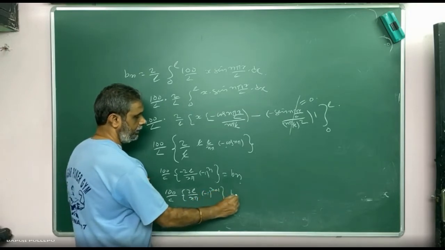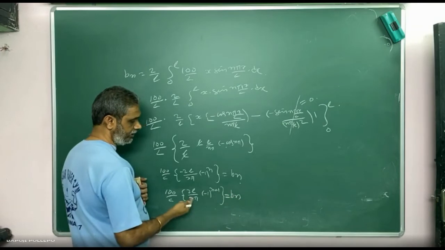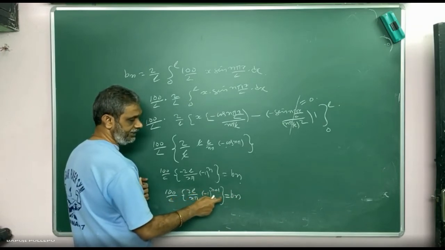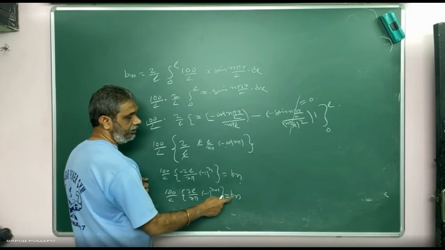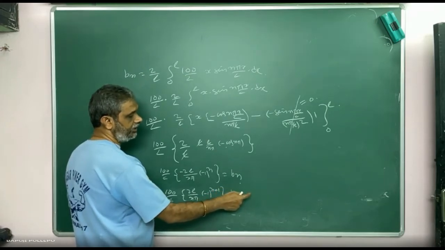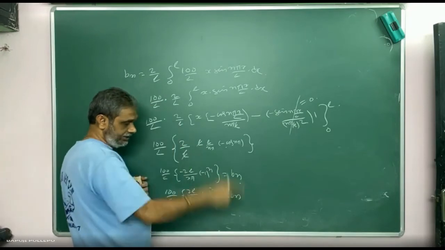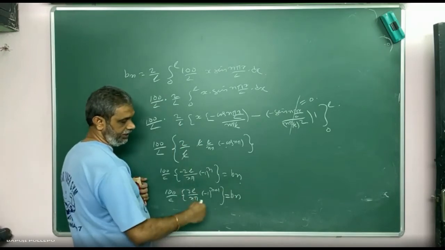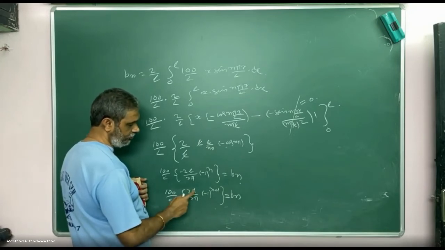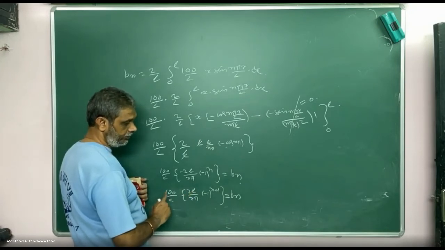So last class problem is 2L by n pi into minus 1 to the power of n plus 1 sin n pi x by L e to the power of minus alpha square n square pi square divided by L square into t, sigma n is equal to 1 to infinity. That is the last class problem solution. Now this class problem, this L also will cancel, 200 you will get. Correct?